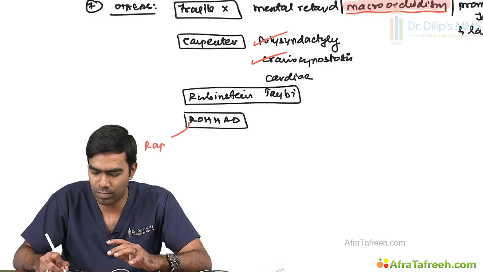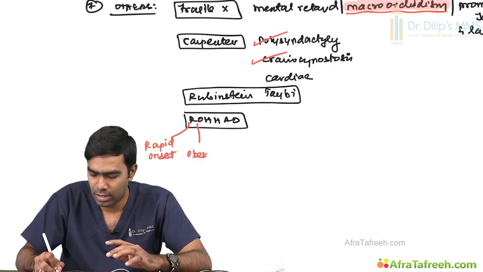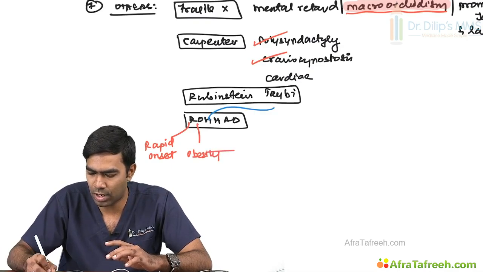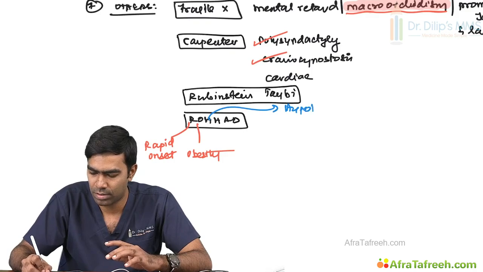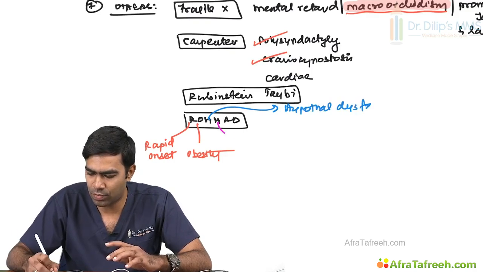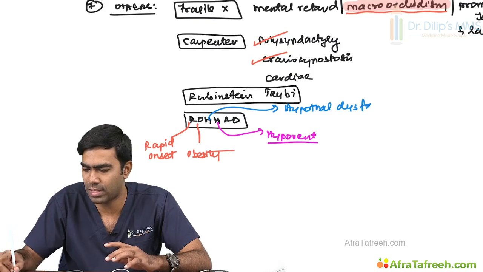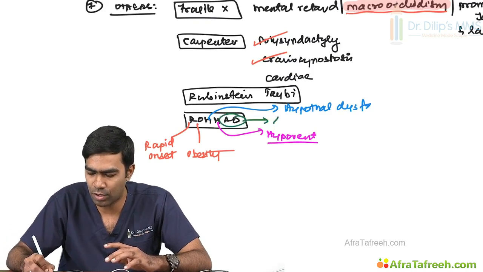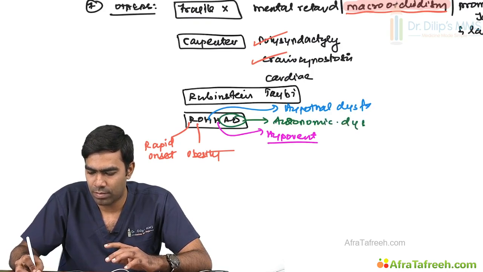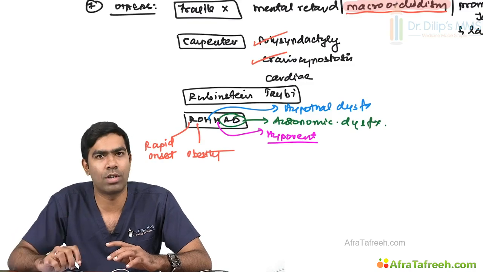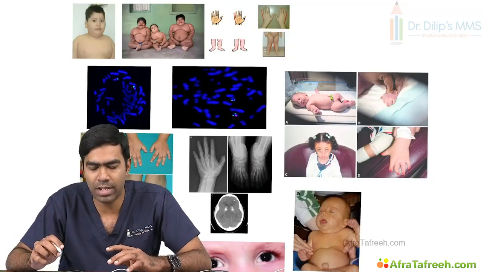It is an acronym which stands for rapid onset obesity, H stands for hypothalamic dysfunction, and another H stands for hypoventilation, which is supposed to be the most common cause of death in these individuals. AD stands for autonomic dysfunction as well. Fine. So we have completed the syndromic causes of obesity, and let us move on to the image plate.